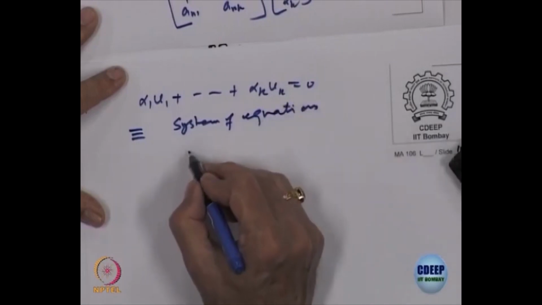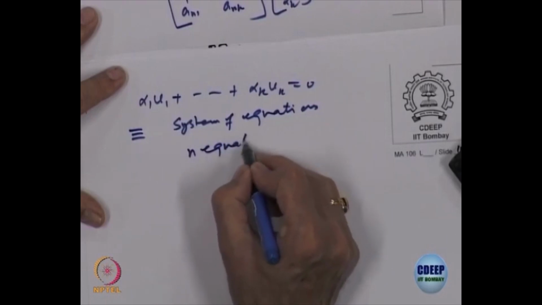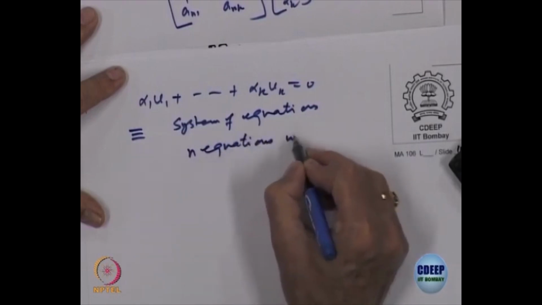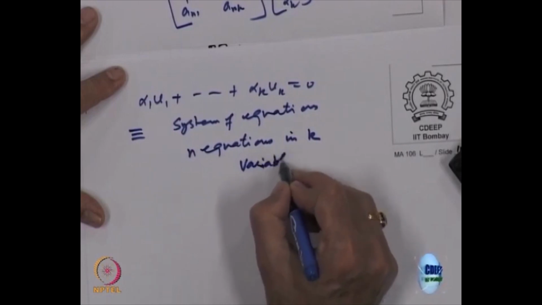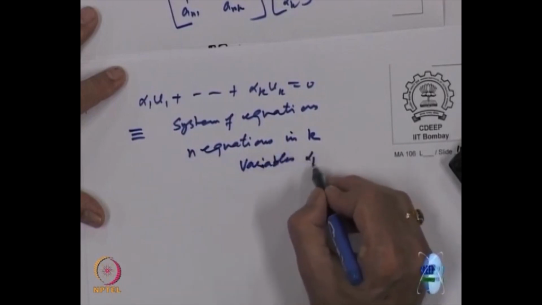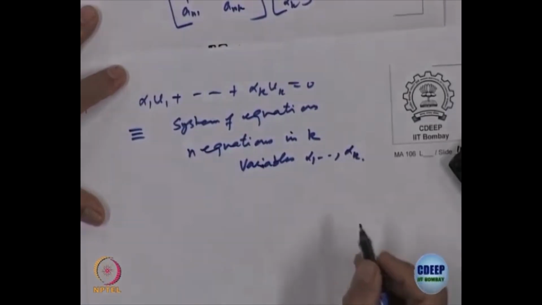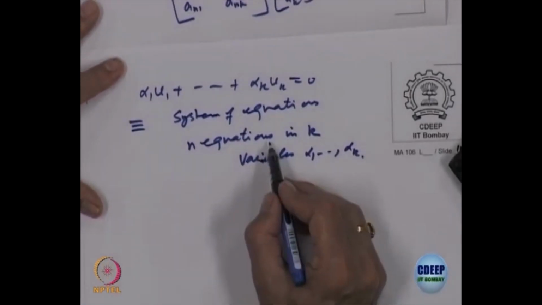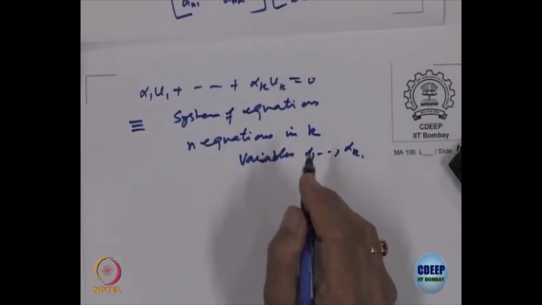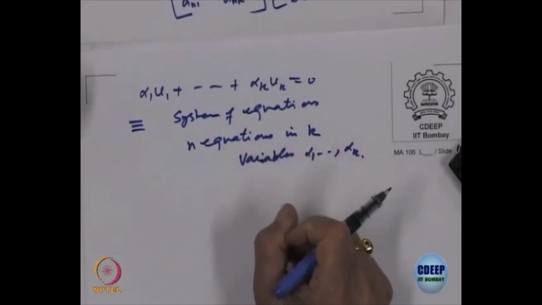We have n equations in k variables. What are the variables? The k variables alpha 1 up to alpha k. And when does a system of equations have a non-trivial solution? It is a homogeneous system, so it always has the solution 0. When does it have a non-trivial solution?